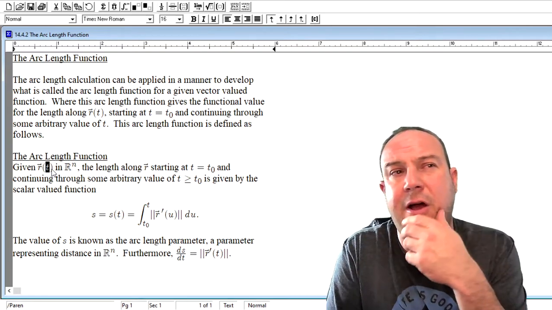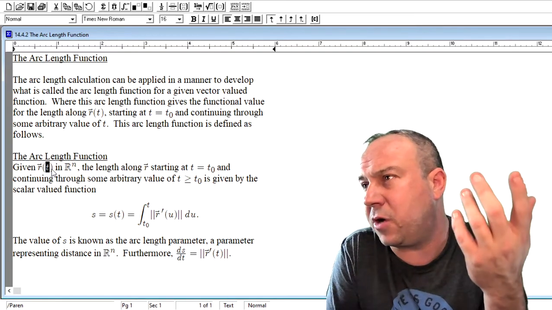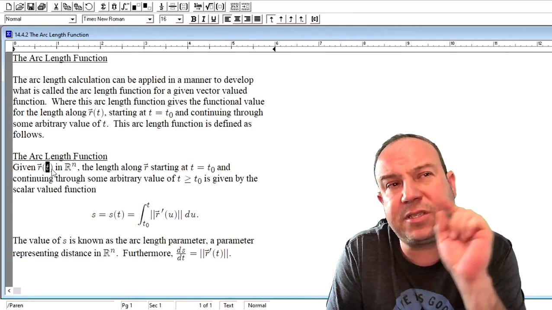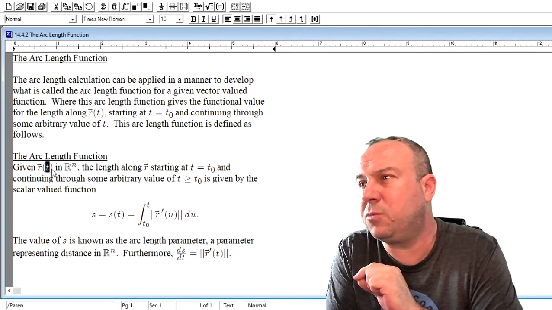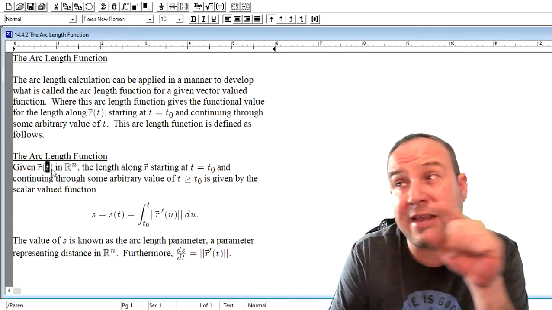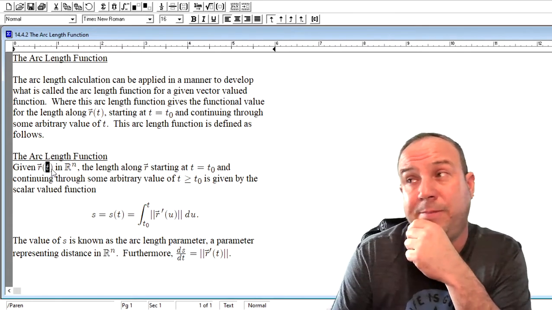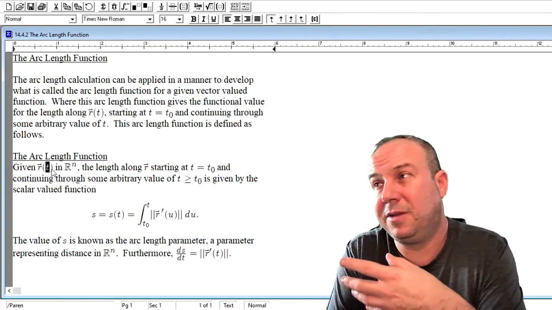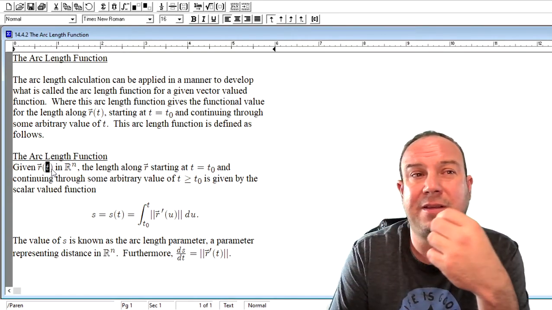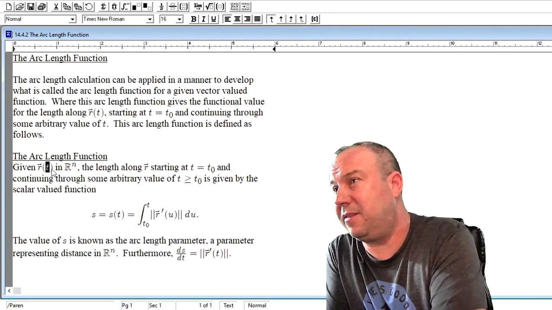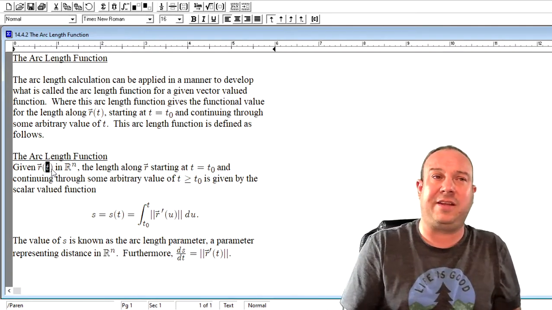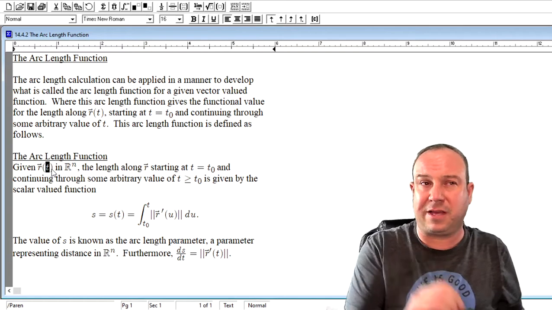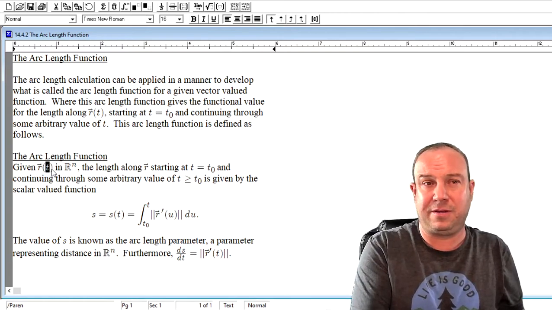Certainly t in any vector valued function is just any arbitrary parameter. But if I was to say that was a position with respect to time, all of a sudden that t represents a unit of time, right? So t becomes time, right? Here s becomes a length, right? Similar idea. This s is going to be our arc length parameter, right?